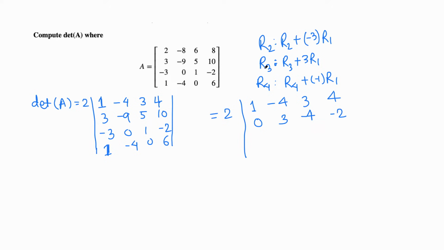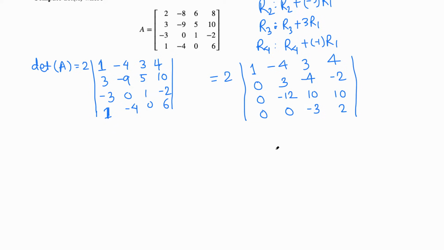In the same way, R3: -3 plus 3, 0, 0 minus 12, -12, 1 plus 9, 10, -2 plus 12, that's 10. For R4, 1 plus -1, 0, -4 plus 4, 0, 0 minus 3, -3, 6 minus 4, 2.